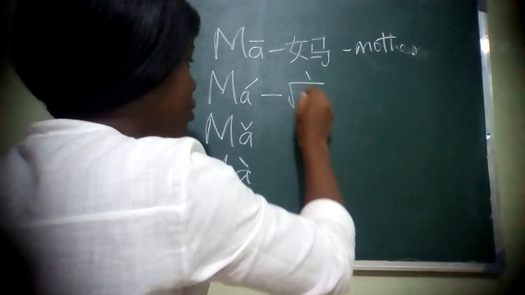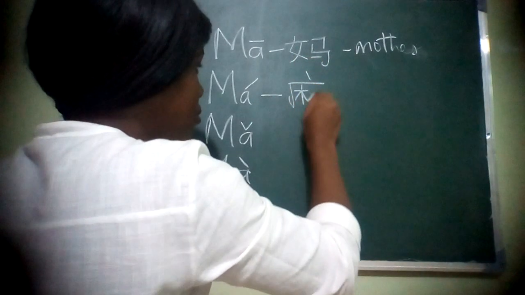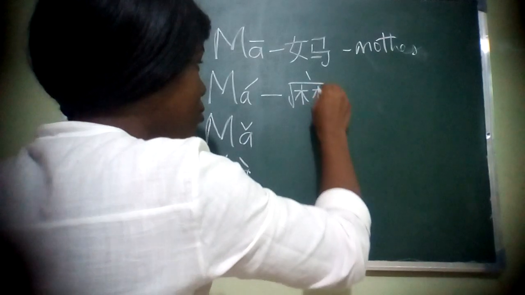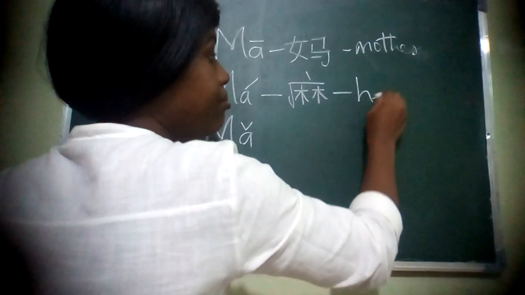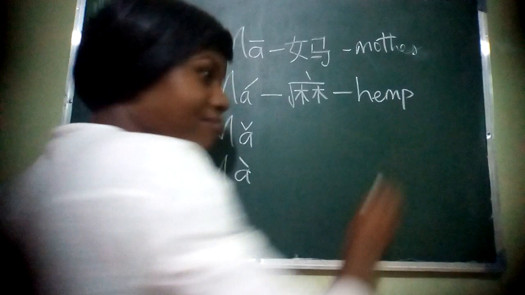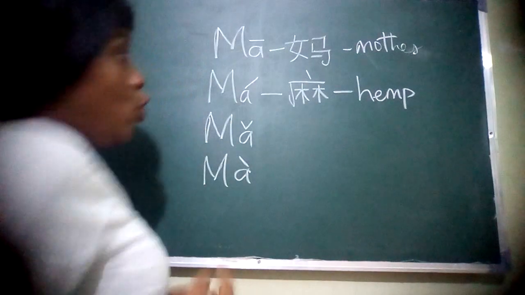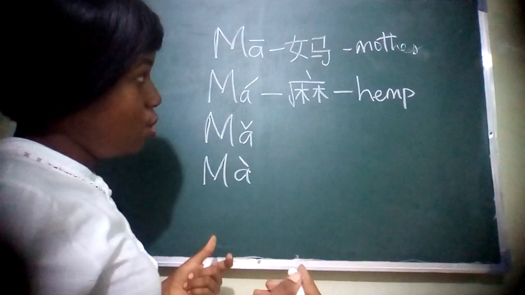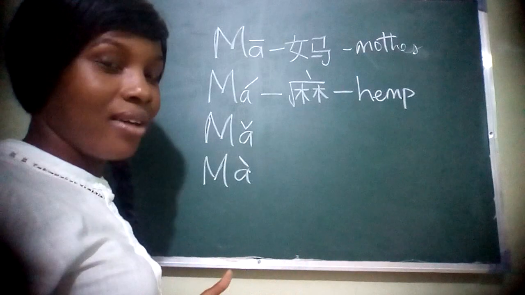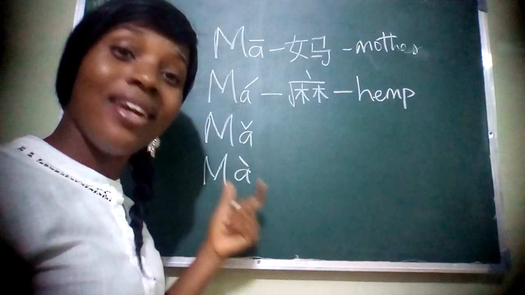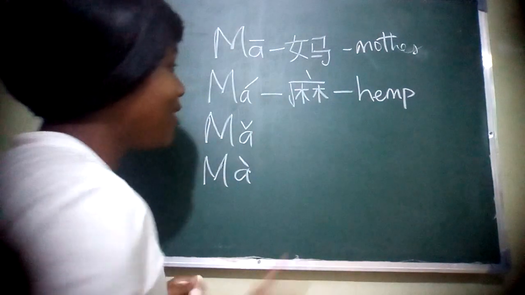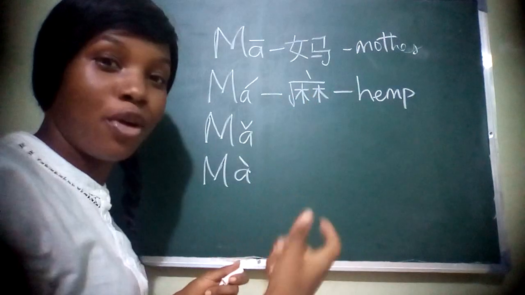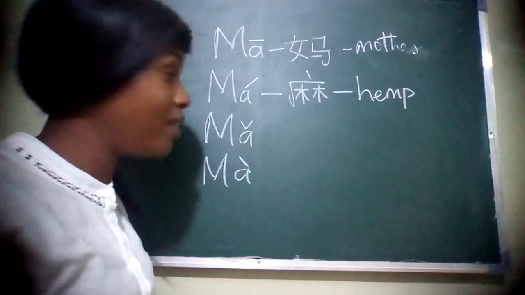This stands for hemp, like Indian hemp. So if you were to be referring to your mother as this ma, you'll be calling your mother Indian hemp. So that will make the person you are conversing with misunderstand you.